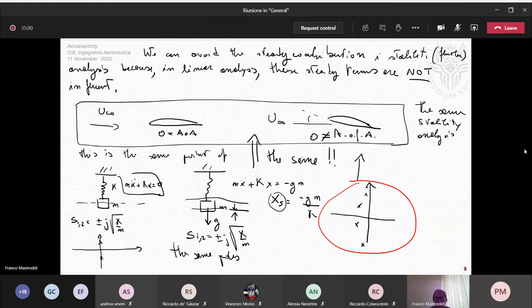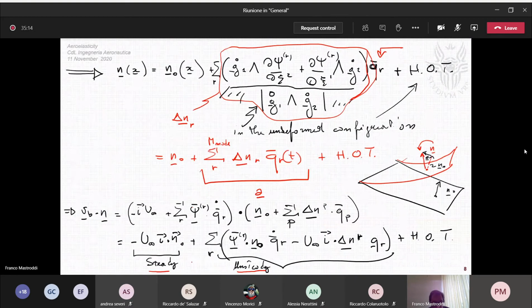So you can directly assume for the aerodynamic force a solution which is steady component free. And this kind of boundary condition is the potential boundary condition able to give you a steady solution, not time depending.